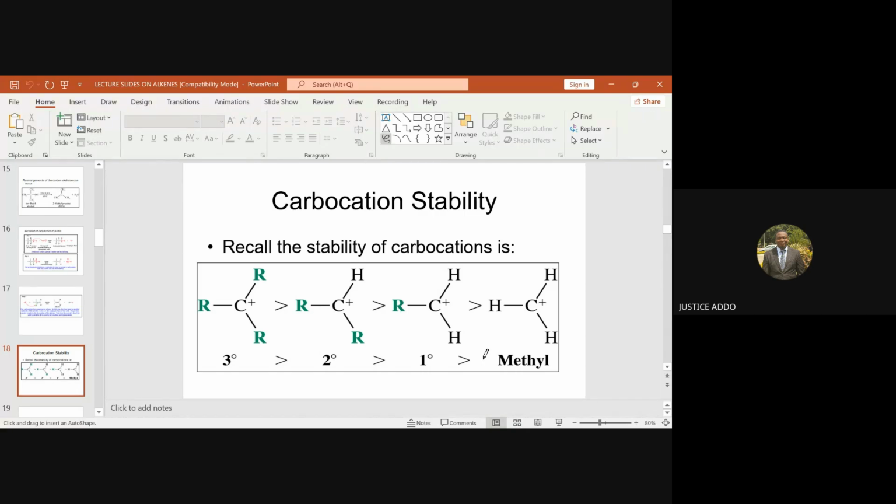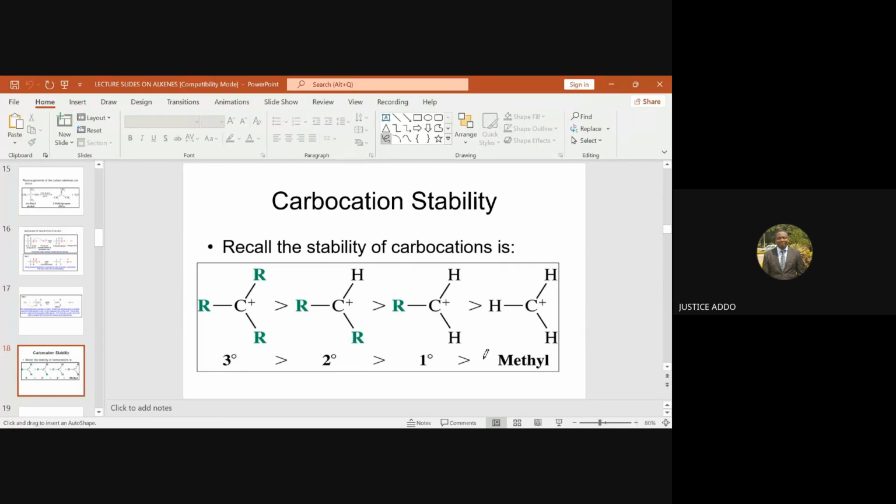Yes, in an exam, I'll ask a question here. And the question will look like, I will give you about 3 or 4 carbocations, and I'll ask you to arrange them in order of what? Increasing stability. So you should be able to identify a tertiary carbocation, a secondary, a primary and maybe a methyl.